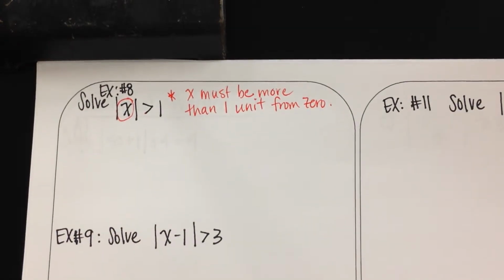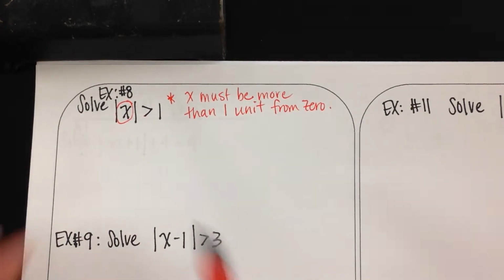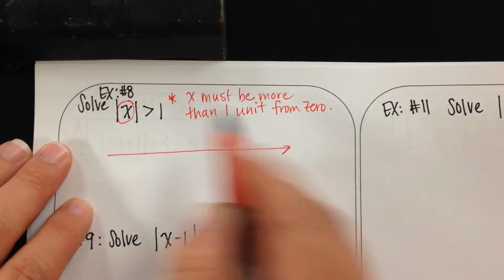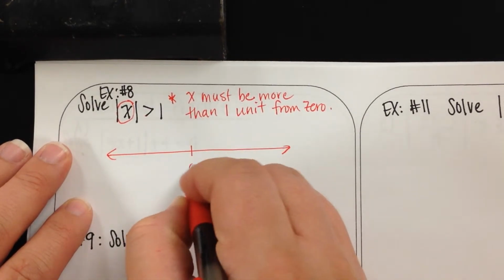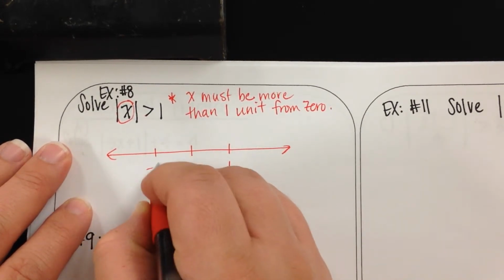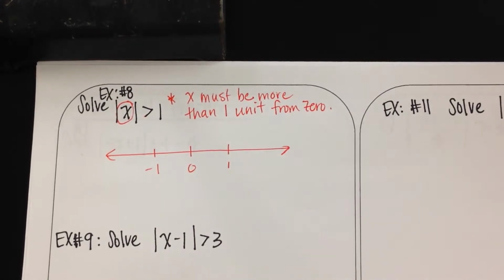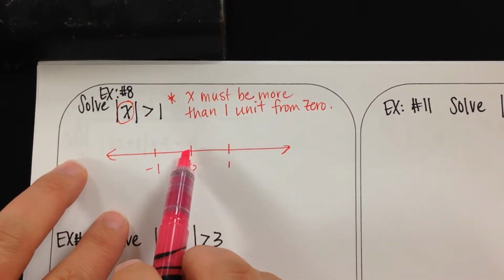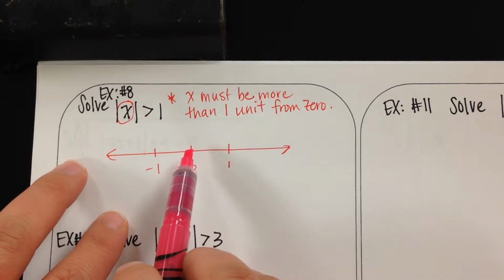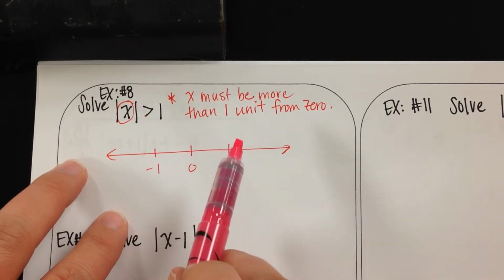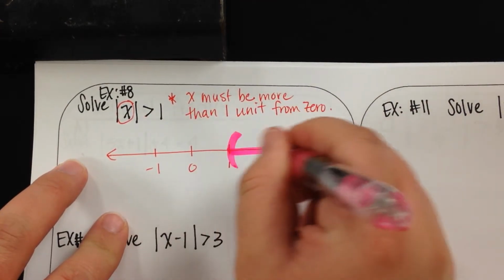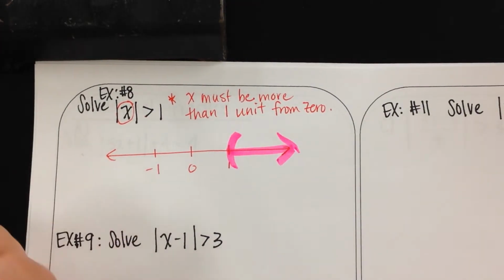So we're going to treat this just a little bit different. If we're thinking about a number line, and this is 0, what would we shade to represent something that's more than 1 unit away from 0? Okay, we're not going to shade 0 to 1 because that represents 1 unit away from 0. We want something more than 1 unit away from 0.